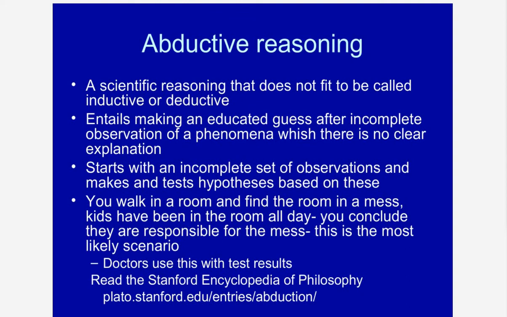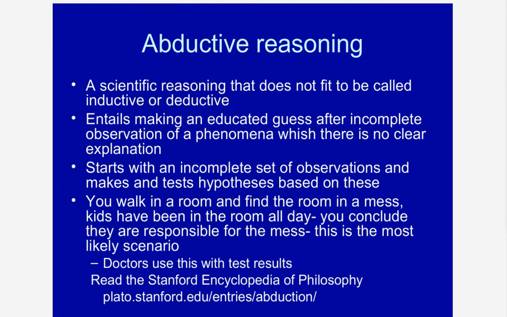We have a third type of reasoning, in between inductive and deductive, that we call abductive reasoning. We are not really much interested in this, but it entails an educated guess after incomplete observations of a phenomenon for which there is no clear explanation.